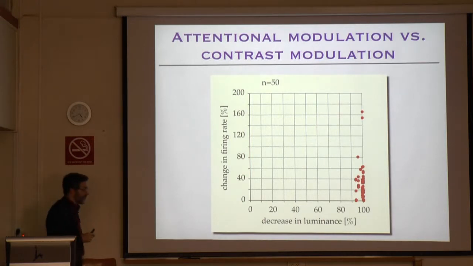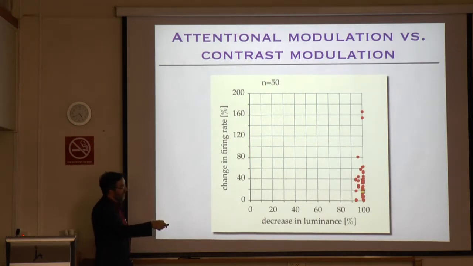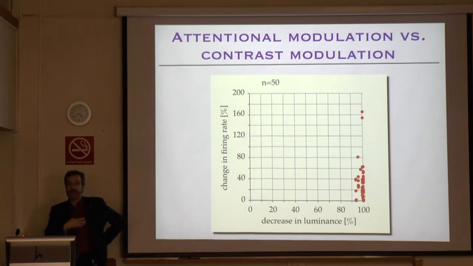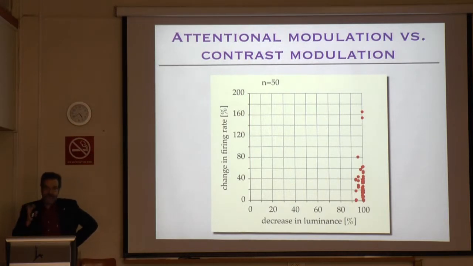That means even neurons who show, let's say, a below average attentional modulation of 20% in firing rate require a massive change in the physical luminance of the stimulus to achieve the same modulation. You can either call this interesting or not surprising. For those who call it not surprising, you say that because MT neurons are highly sensitive to contrast, they quickly saturate.